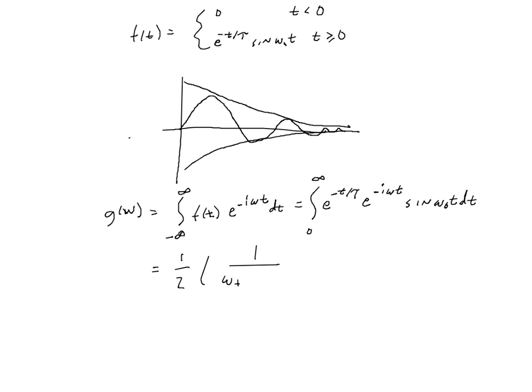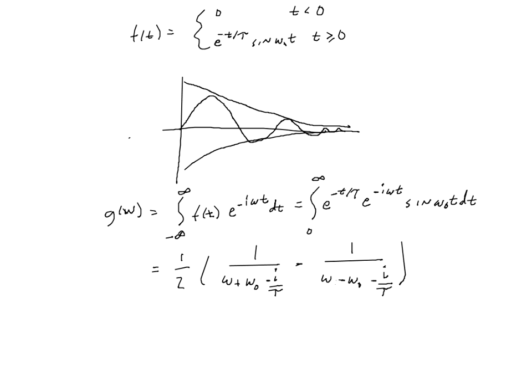You have a 1 over omega plus omega naught minus i over tau, minus 1 over omega minus omega naught minus i over tau.